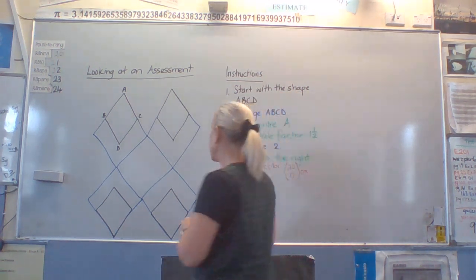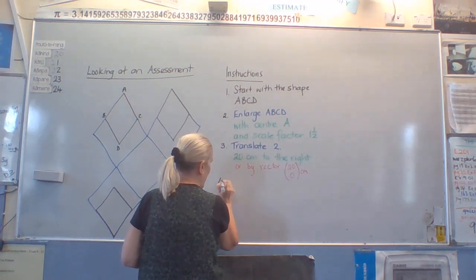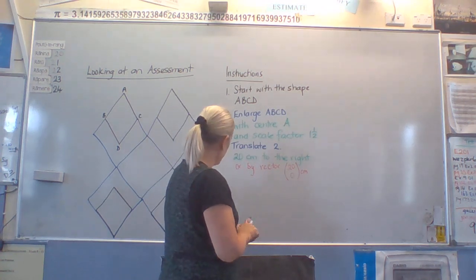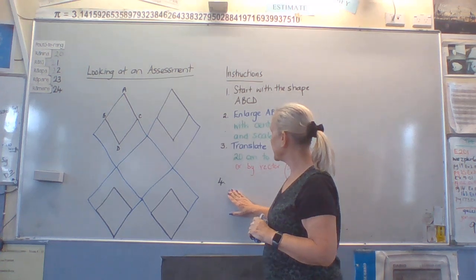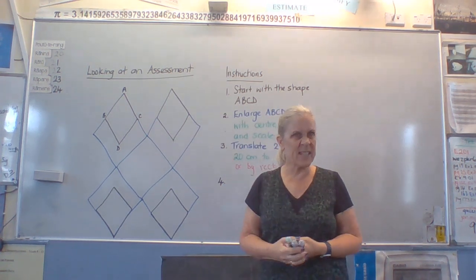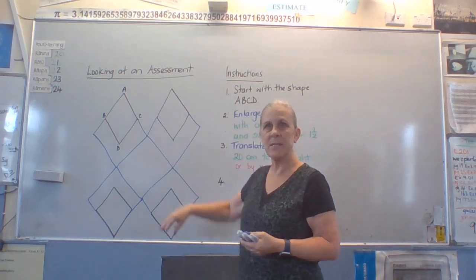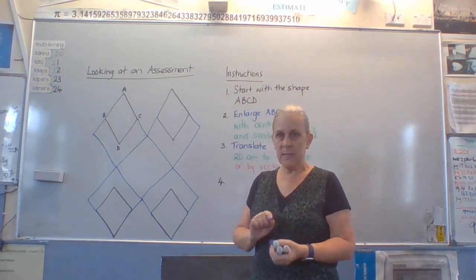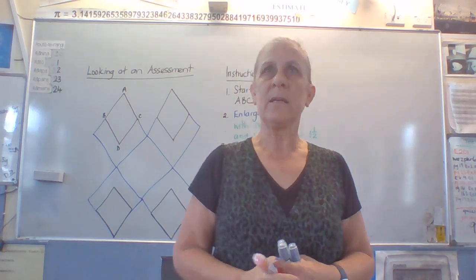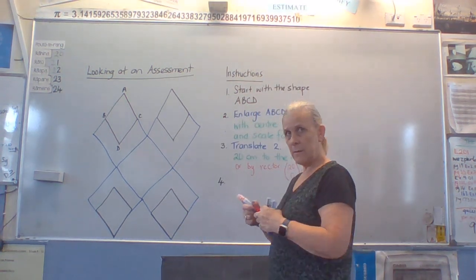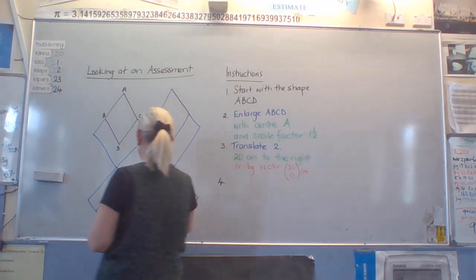All right, the next one, the last part here is I'm going to reflect it. All right, that was my last part, is I'm going to reflect it. So I need a mirror line, right? Here's my mirror line.